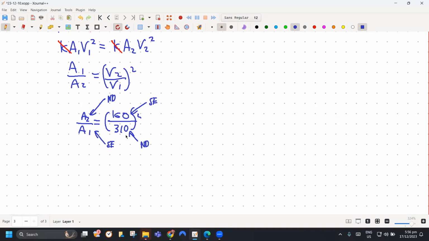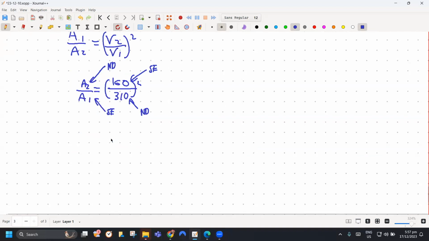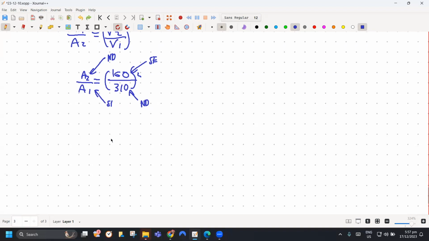So the ratio of the areas of spread eagle to nose dive is A1 over A2. Otherwise that would be the ratio of faster to slower, which is not what we're looking for.